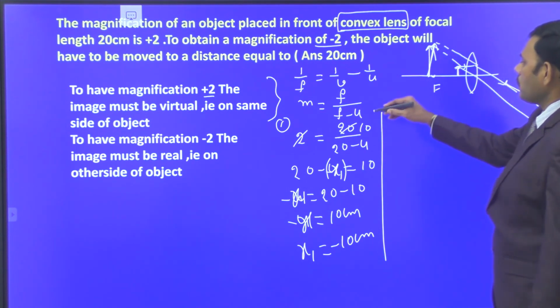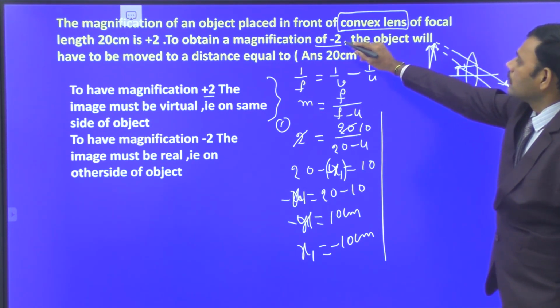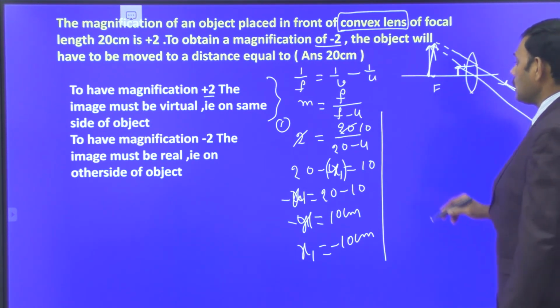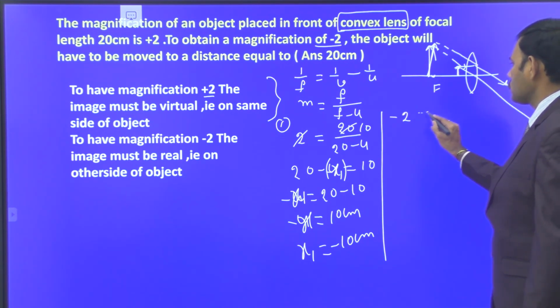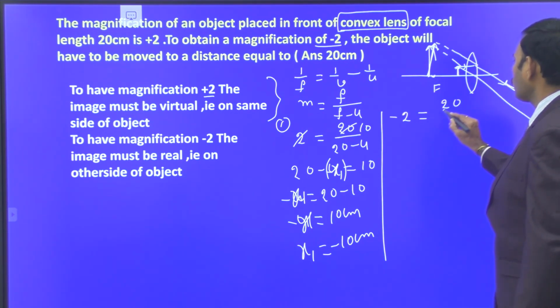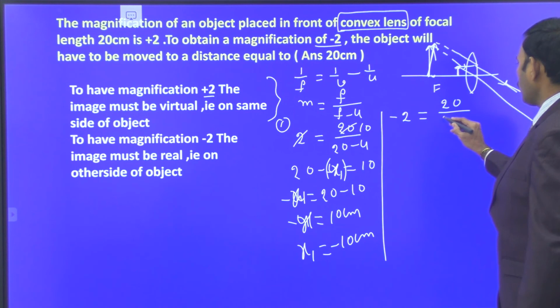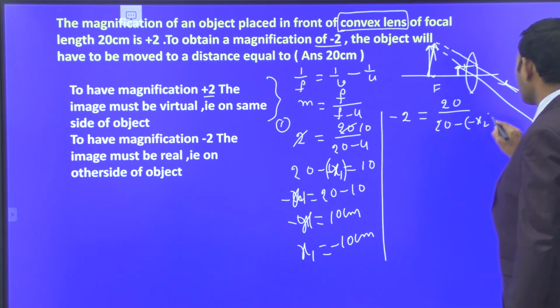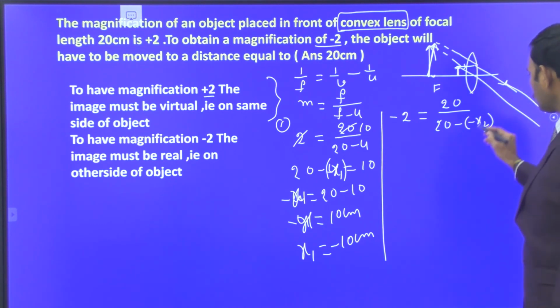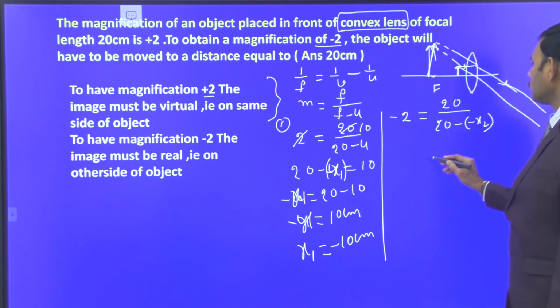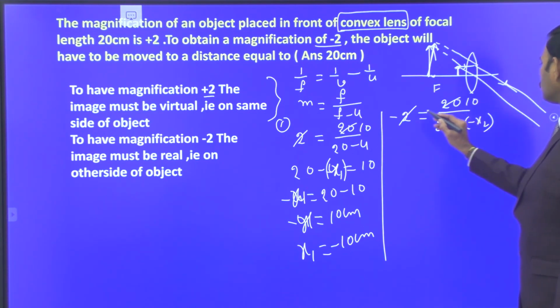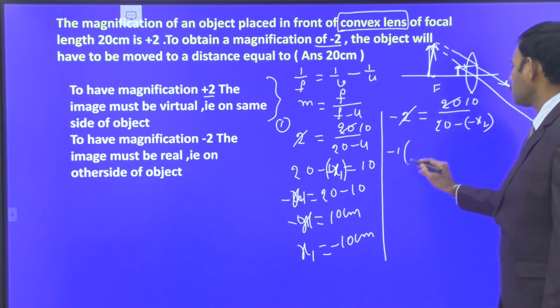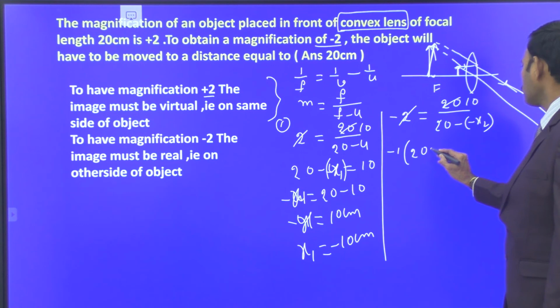Apply the same formula for the negative magnification, real image. So m is equal to -2, focal length is +20, by 20 minus of minus x2. Let x2 be the second position. Object distance is negative. So we get -2 equal to 20 by (20 plus x2).